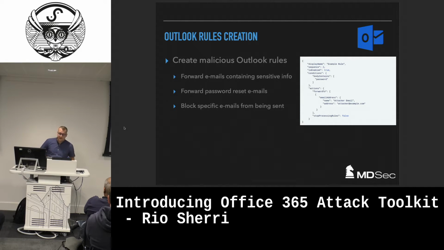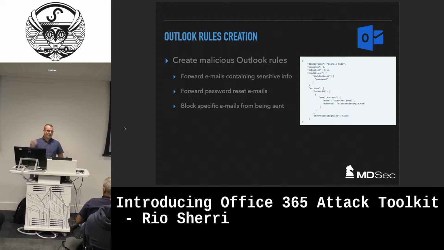Even if you literally don't have any more access, you still keep receiving confidential data about the client. The other one is the forwarding of password reset emails. Let's say the user is using a third-party system and is signed up with their work email address. What we can do is create a rule that says if an email contains the words password and reset, forward it to an attacker-controlled email address.